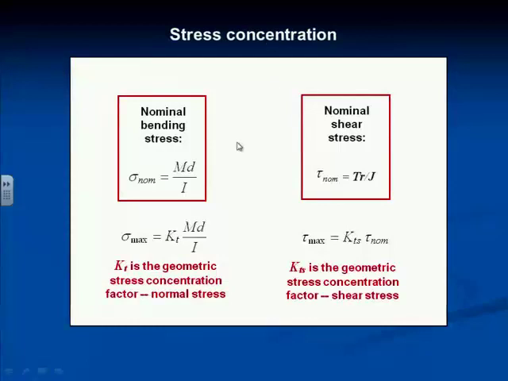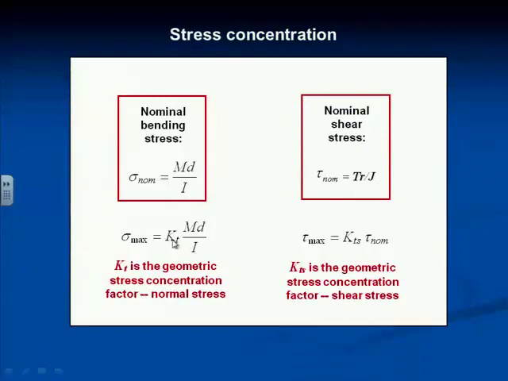So we now need to be careful in our language when we calculate something from MC over I, MD over I, whatever you want to call that distance, or TR over J, which is our torsional shear stress. We're calculating what is properly called the nominal stress, from which it may increase due to stress concentration if there is any.